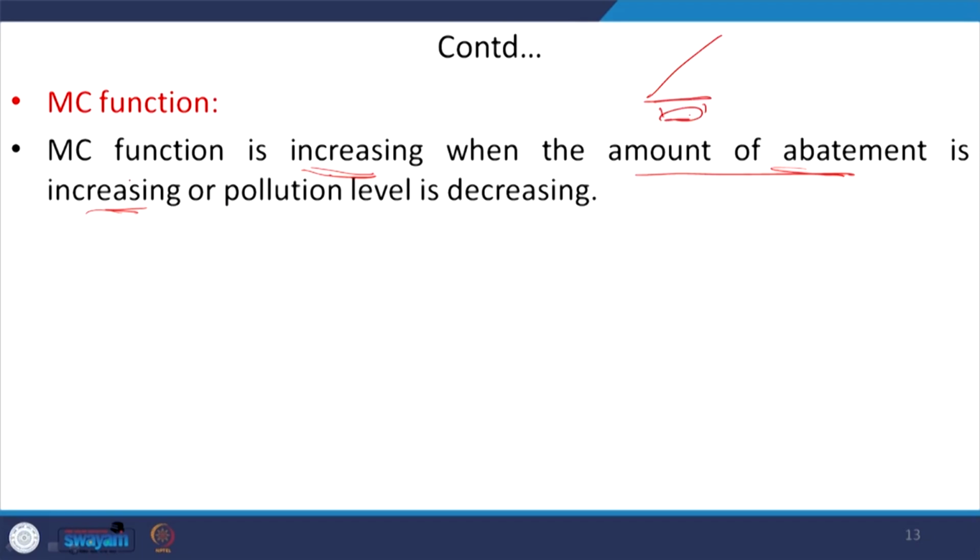So, when this marginal cost function is increasing, that means the firm is trying to abate more, and that is why it is spending more on controlling or abating the pollution itself. So, as a result, what will happen? The pollution level will be decreasing. So, we are saying the marginal cost function is increasing because the abatement expenditure is increasing. So, it means obviously the pollution level will be decreasing, right.